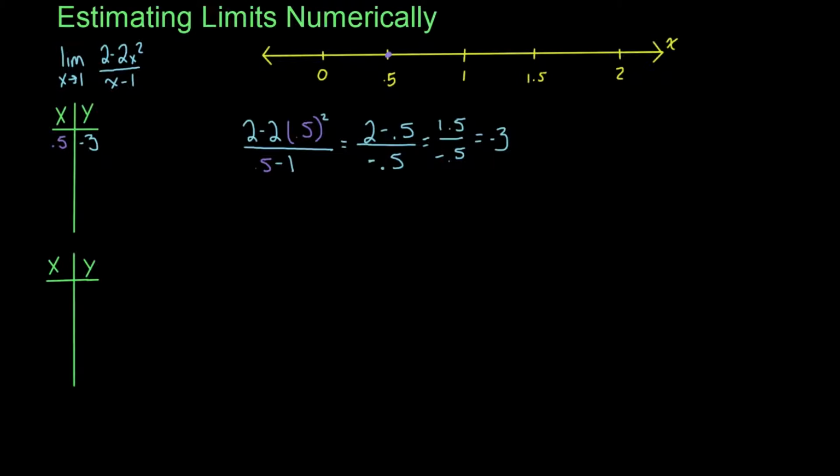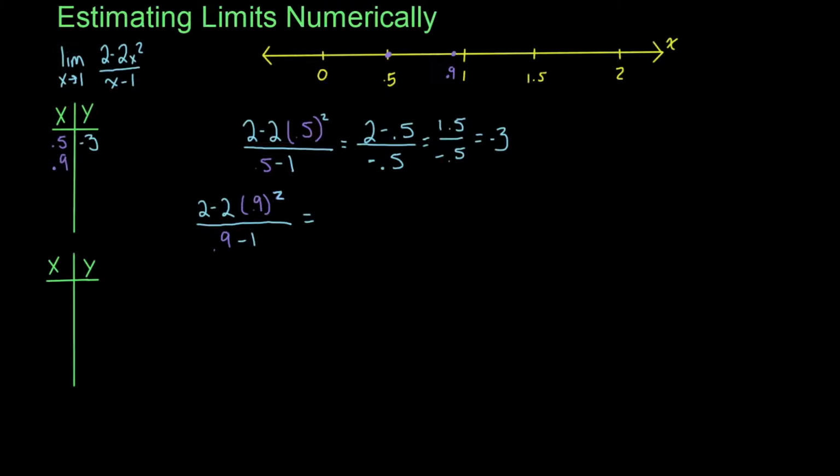And then we're just going to repeat the process, but we want to pick numbers that are closer and closer to 1. So this time I'm going to pick 0.9. And then just repeat the process. So we have 2 minus 2 times 0.9 squared, divided by 0.9 minus 1.